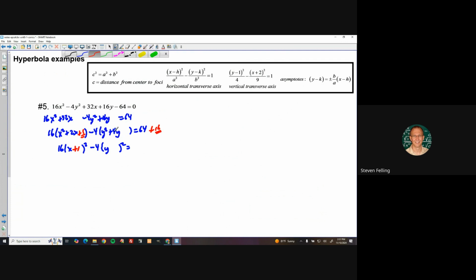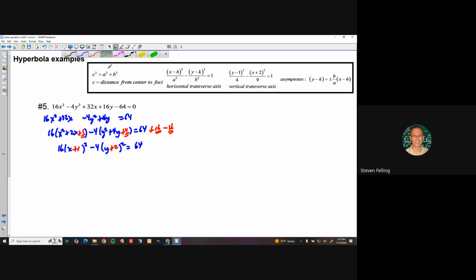And then the same thing here, this positive 4 gets cut in half to a 2. 2 squared is 4, that got added, and so that means we've got this 4 times a negative 4, so we put a negative 4 on this side, we have to balance it with a negative 16. So we balance it with a negative 16, and we end up with a 64 on this side. Okay. So because we have a minus here, this is a hyperbola.